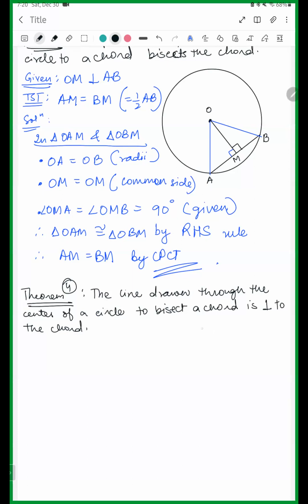Now we'll draw our circle. We'll draw the center. And we'll draw a chord. We know that this line OM bisects the chord. That's what we know. We have to show that it is perpendicular to the chord as well.